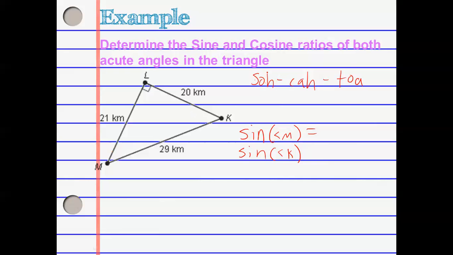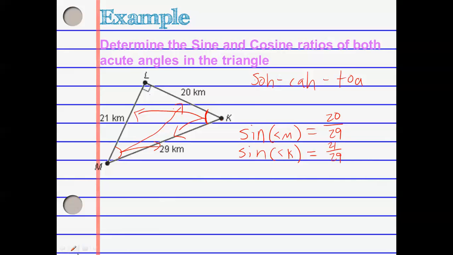The sine of angle M is opposite over hypotenuse. Opposite is going to be 20, and the hypotenuse is 29. So we have 20 over 29. And then the sine of angle K is going to be opposite, which is 21, and again the hypotenuse is still 29.